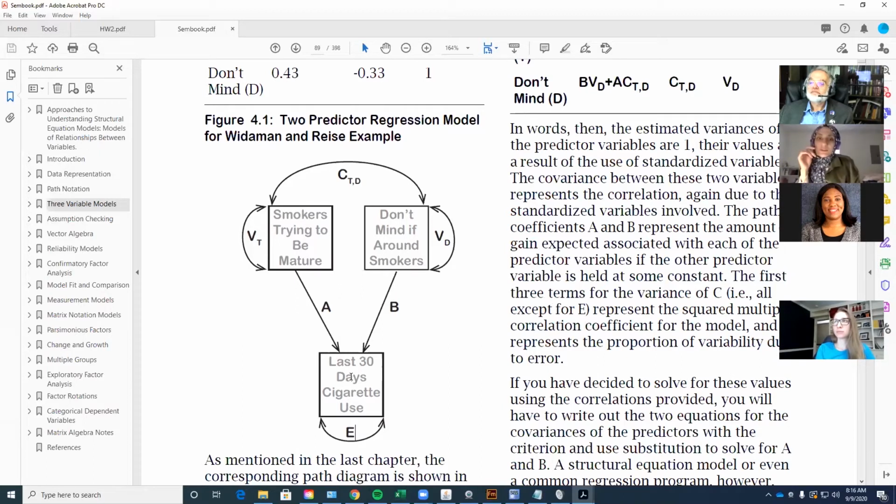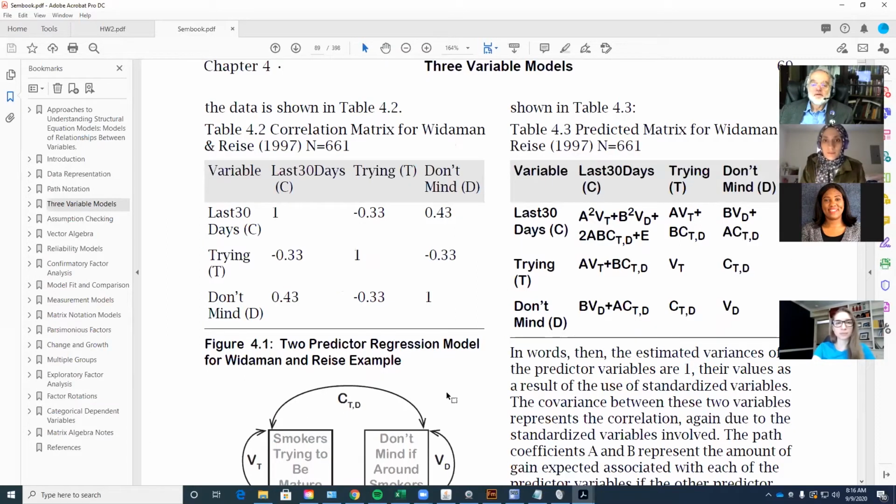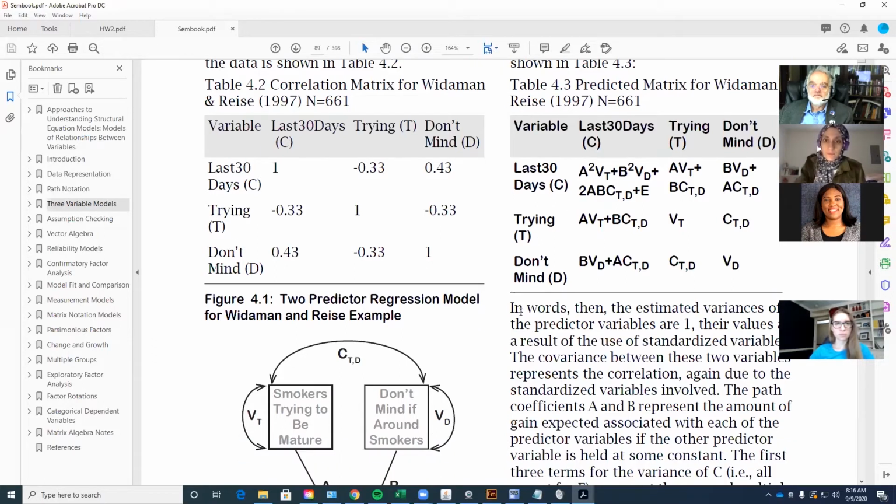I have a question related to metrics. Can you scroll up to show the metrics? For here, for example, if you look at don't mind at first, and then let's say last 30 days. So when we make correlation, it says BVD plus ACTD.